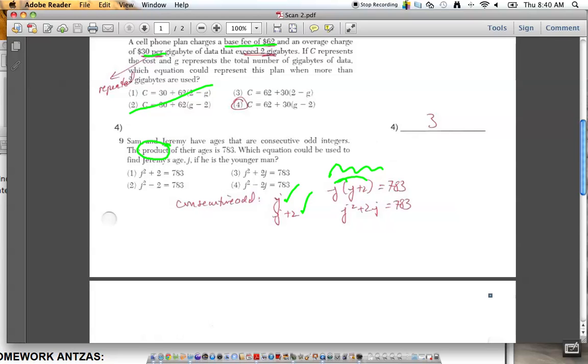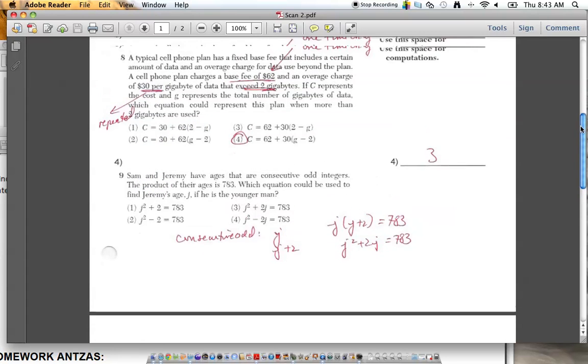How did I get 3 from 5 and 2? The 5 minus the 2, right? So if I look here, if I did the first choice, it would be 2 minus 5. That wouldn't work. It has to be the 5 minus the 2. So the correct answer is choice 4. Okay? All right, so there's the first 2 questions on the quiz.